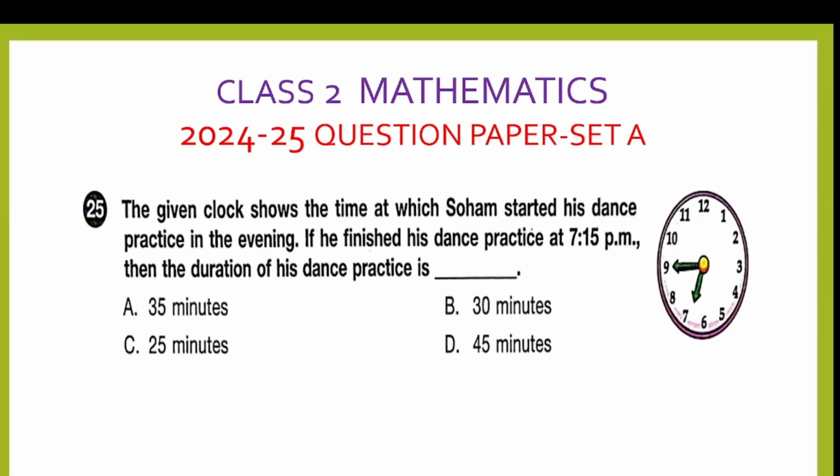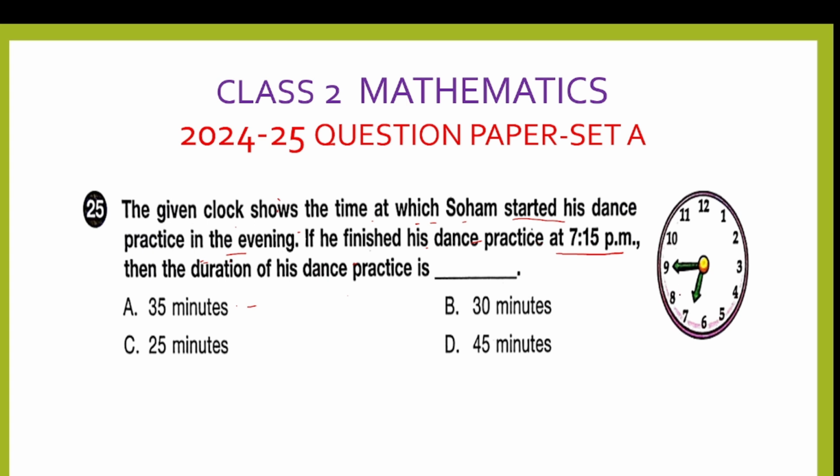Next question. The given clock shows the time at which Soham started his dance practice in the evening. If he finished his dance practice at 7:15 p.m., then the duration of his dance practice is. We have to find out Soham's duration of dance practice.